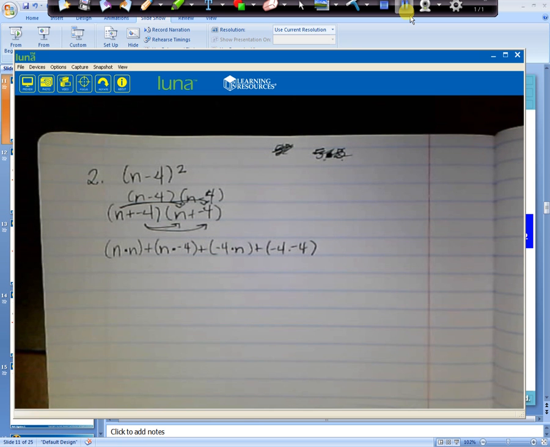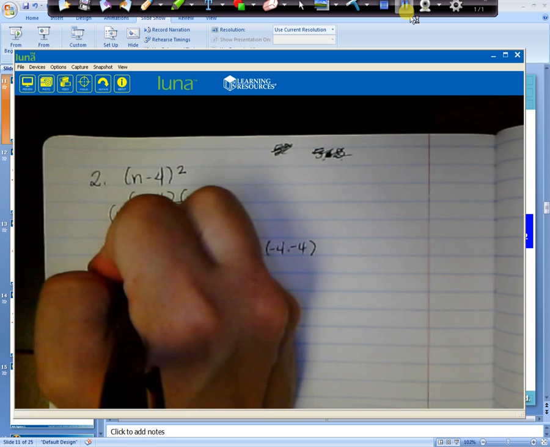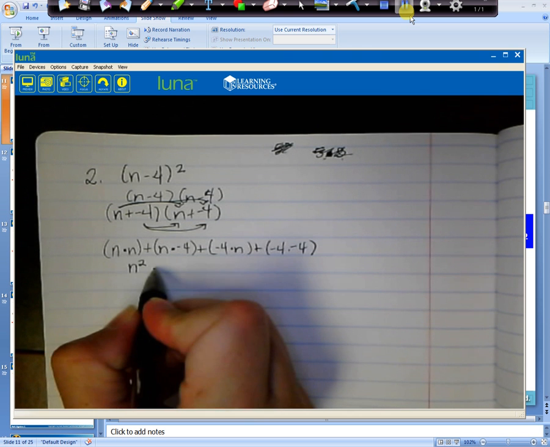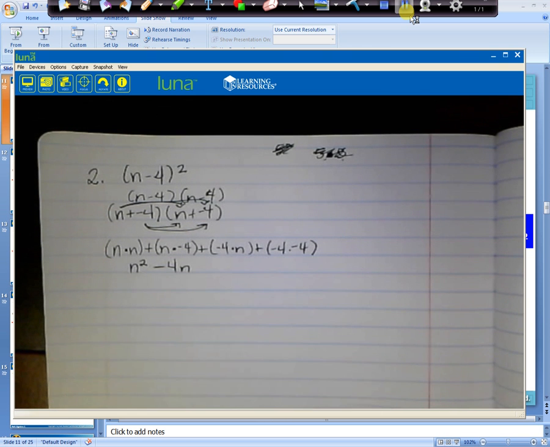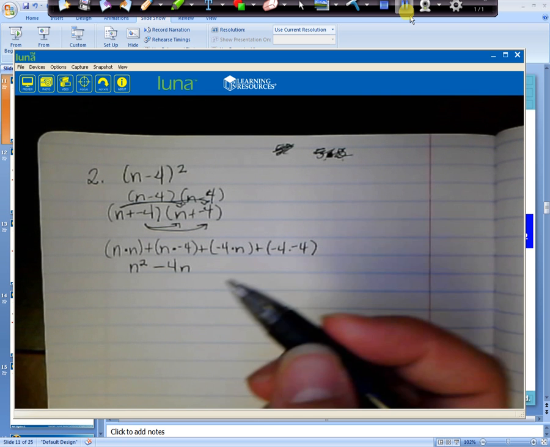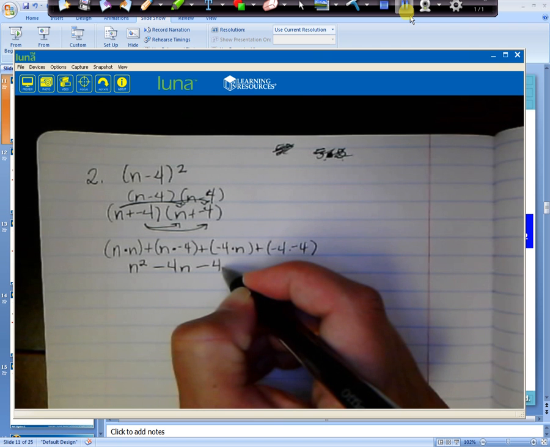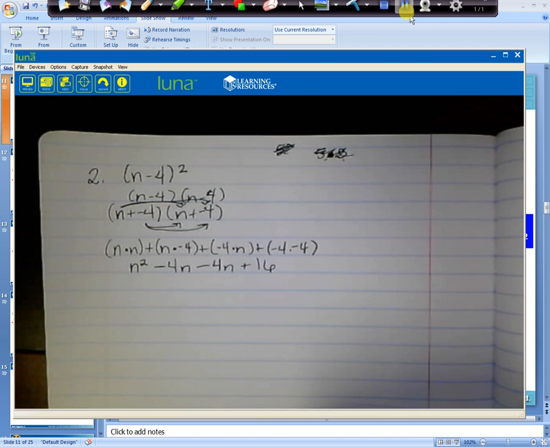Alright, and now you're simply going to multiply this on out. And you're going to say n times n is n squared. N times negative 4 is negative 4n. And I'm going to write that by saying minus 4n. You could also say plus a negative 4n. Negative 4 times n is negative 4n. Negative 4 times negative 4 gives me positive 16.